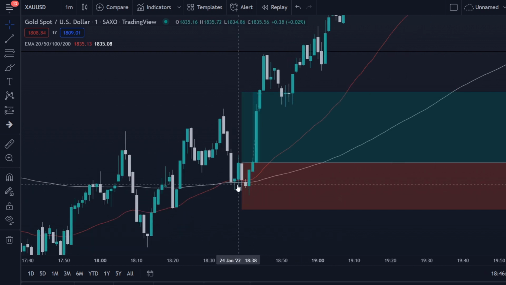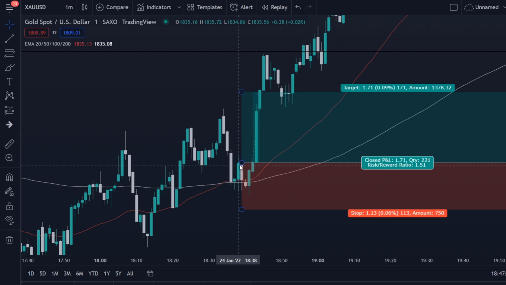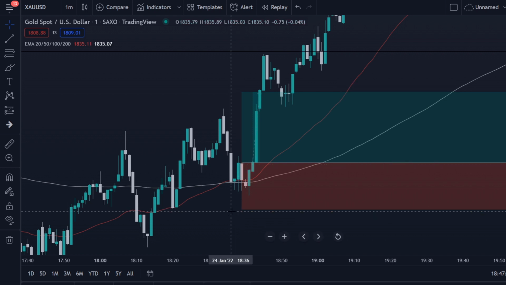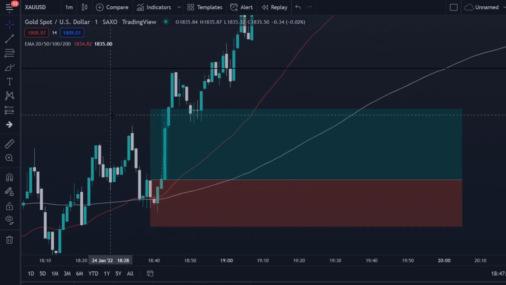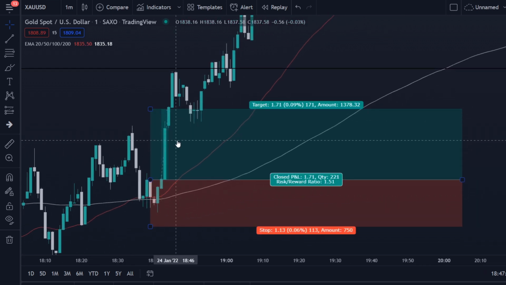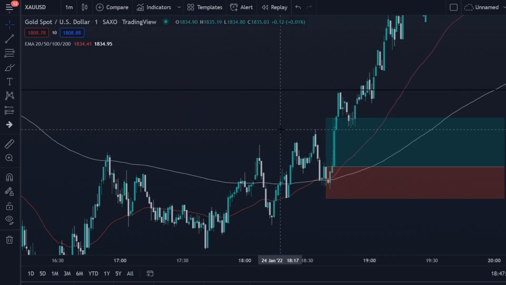It's hard to see. And then when it closes above the 50, so bullish momentum over here, then we take a buy trade and we place our stop loss below the latest low, which is in this case about here, and we risk 1%, and we would like to gain 1.5%, which means that our risk reward ratio is 1.5 to 1.